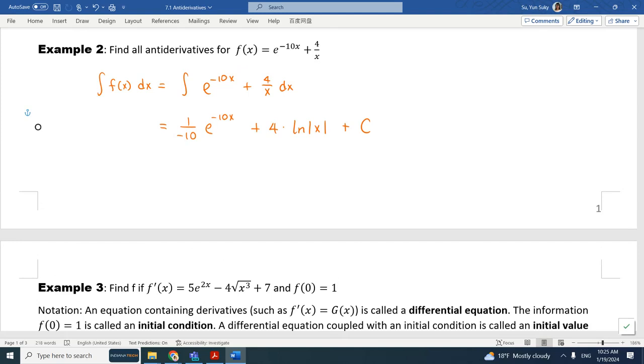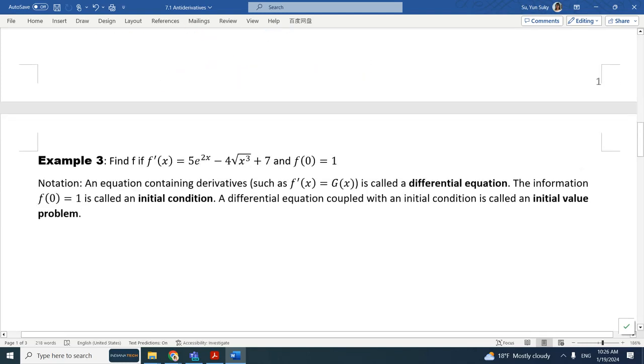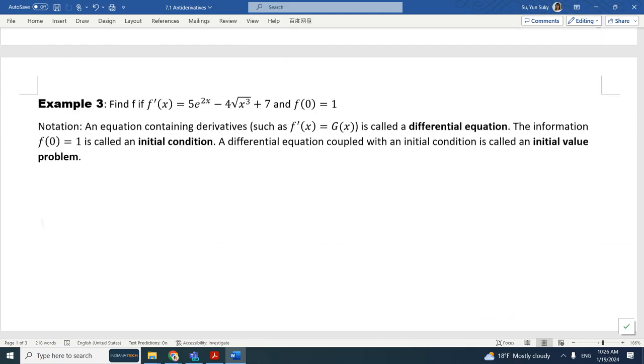So you plug in x is 0 and f of x to be 1, then you can find the c. And then a differential equation coupled with an initial condition is called an initial value problem. So this is the initial value problem. Okay, let's try to solve that.